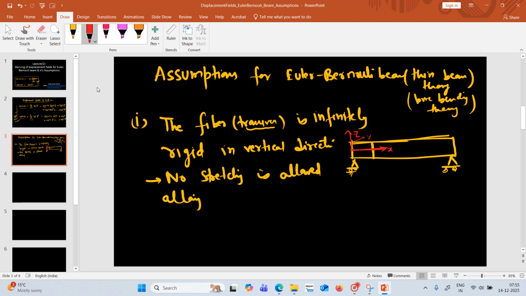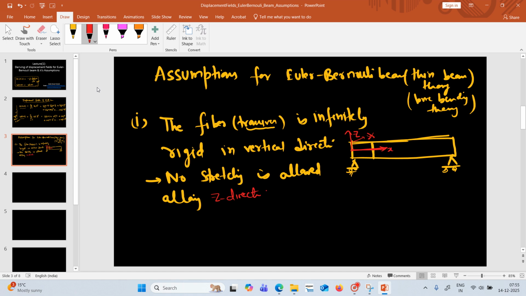So we are just talking about the x and z directions, not y right now. So no stretching is allowed along the z direction or the transverse direction.